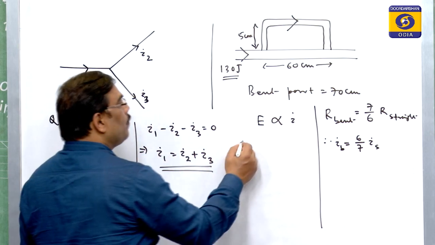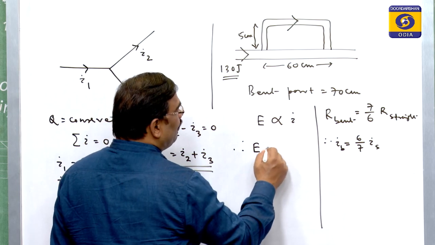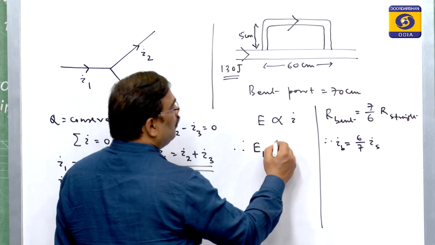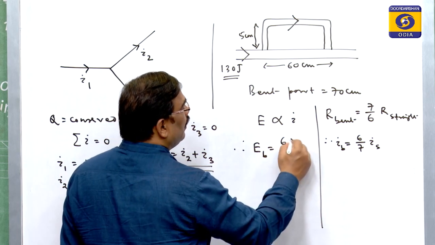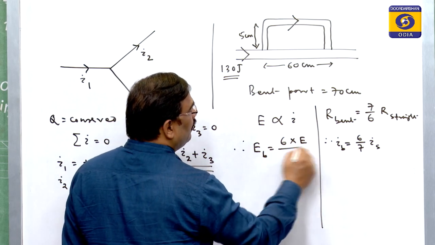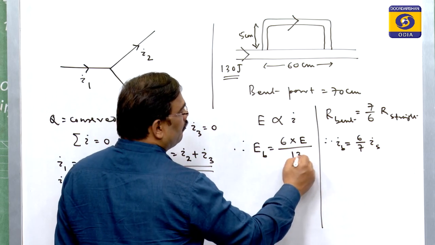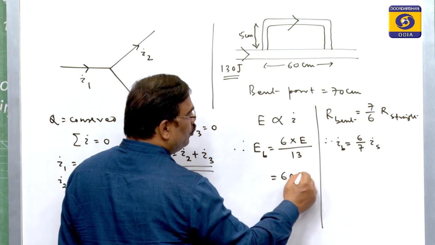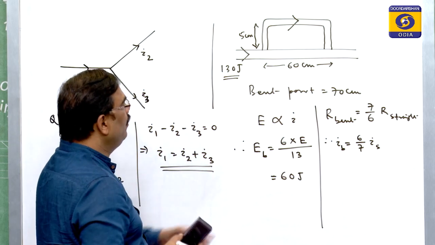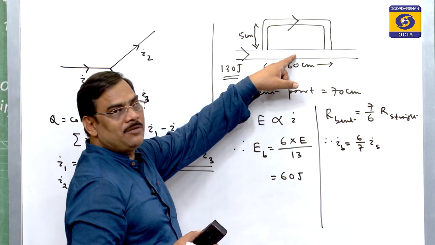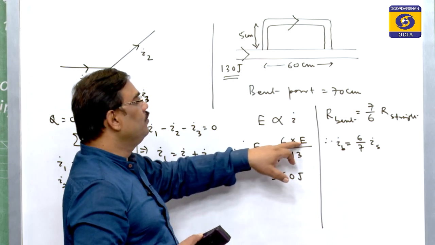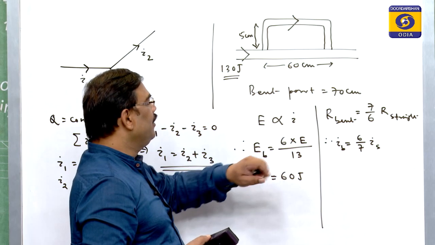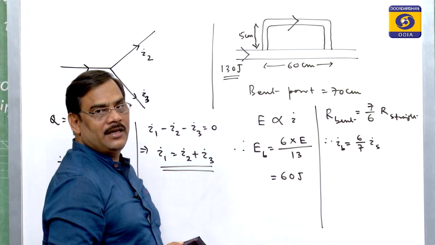So, therefore, the energy through the bent part will be equal to 6 into total energy divided by 13. So, this will give you 60 joule of energy, and similarly the energy through the straight part will be 7 into E divided by 13. E is 130 joule, so that will be 70 joule.